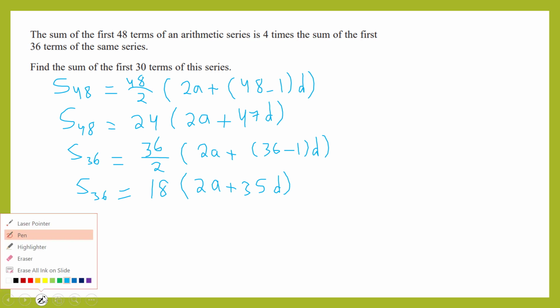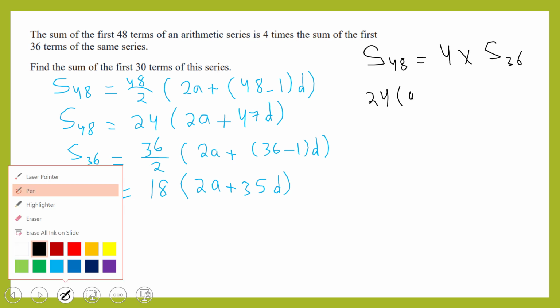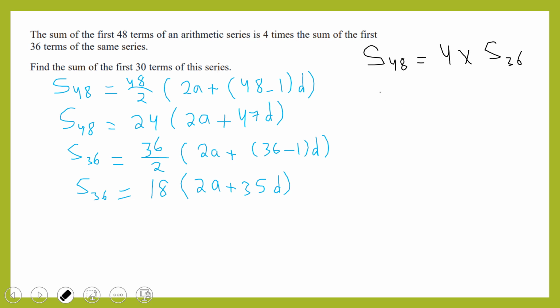So let's relate them together in one equation. It will be S of 48 equals 4 multiplied by S of 36. So S of 48 is 24 multiplied by 2a plus 47d, so let's write it in one line: 24 multiplied by 2a plus 47d equals 4 multiplied by 18 by 2a plus 35d.